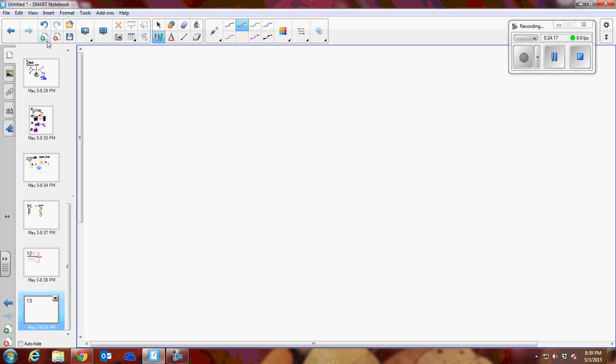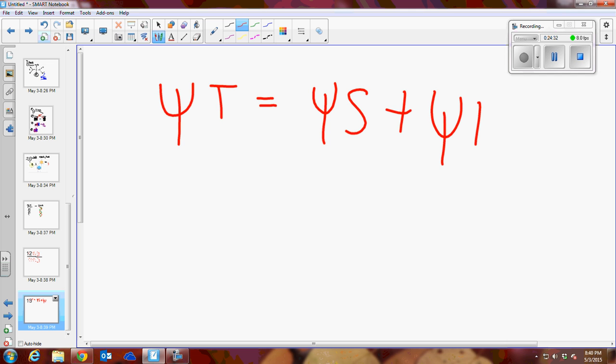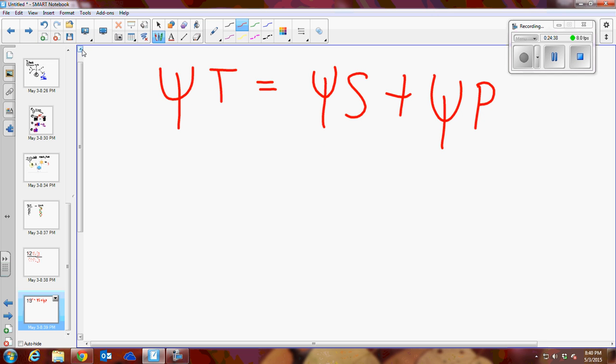Now we did a couple of math problems. We did one type of math problem with this where we did total water potential. And I don't suspect that this is going to be a difficult thing for you. The only thing that was a little bit difficult for some was this idea of the solute potential.